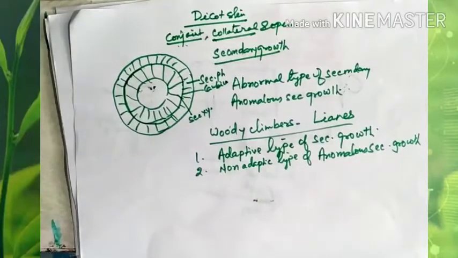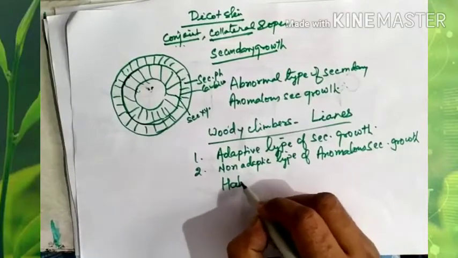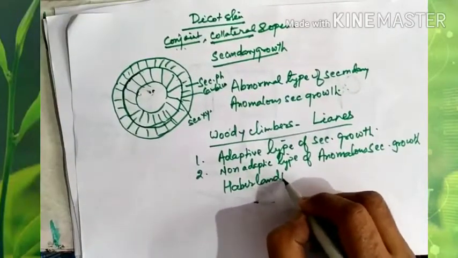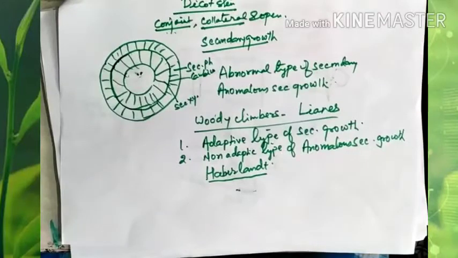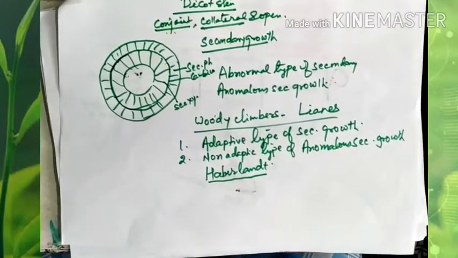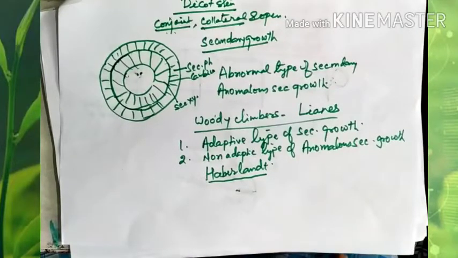So this was differentiated by one of the anatomists, known as Haberlandt. Haberlandt differentiated the two patterns of the anomalous secondary growth into adaptive, which is due to the environmental changes, and the other, which is not due to environmental changes but is the usual type of abnormal secondary growth, and hence it is known as the non-adaptive type of secondary growth.